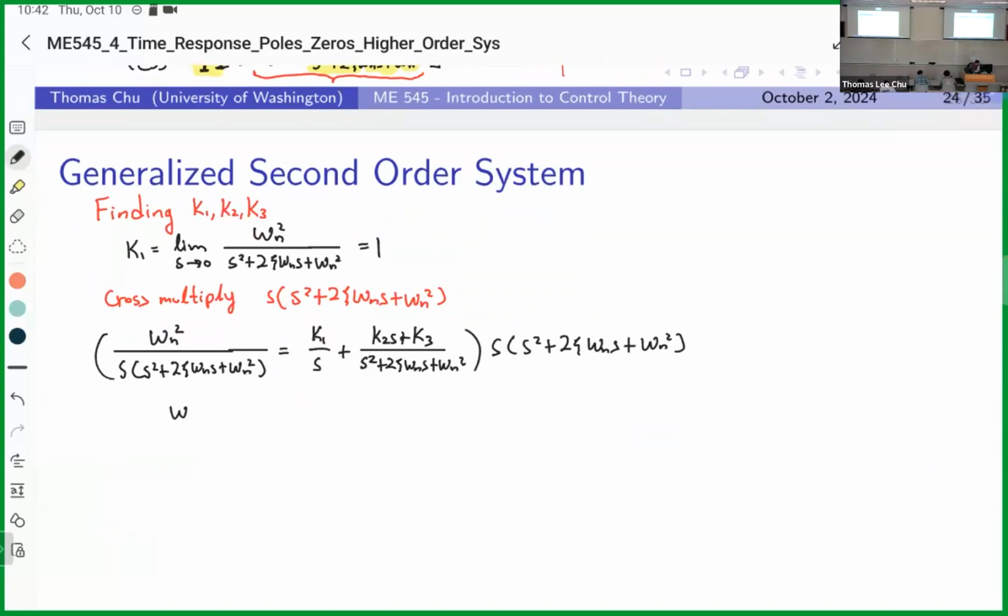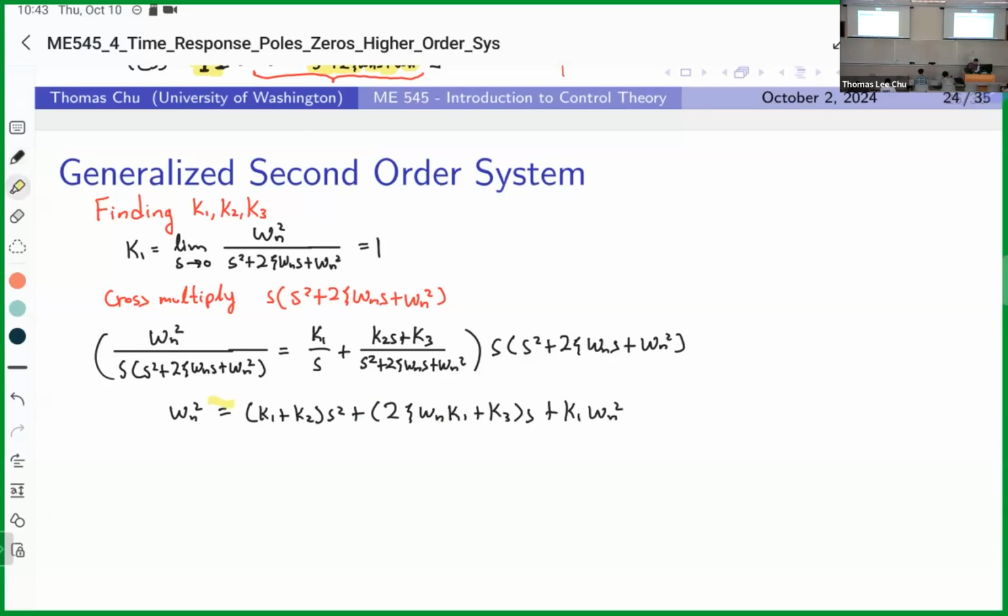So now we get omega n squared is equal to, and now we separate everything by the powers of s. I get (K1 plus K2) s squared plus (2 zeta omega n K1 plus K3) s plus K1 omega n squared.